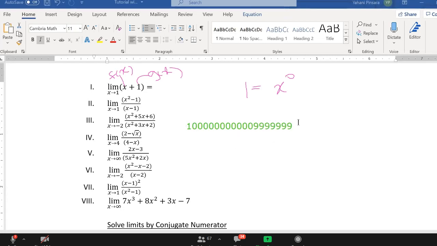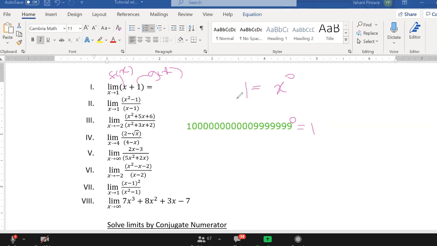So let's say we have a value like this, which is really large. If we take the power of 0, it is equal to 1. Any value to the 0th power is equal to 1.